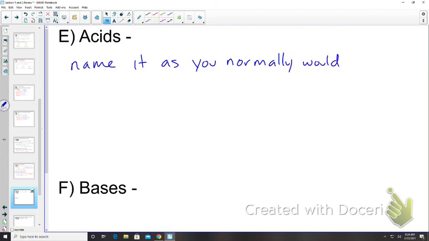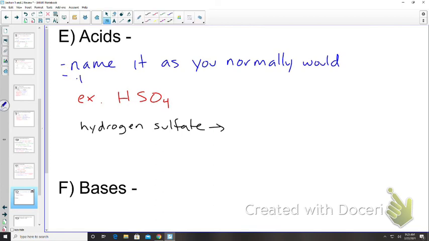So let me give you an example. Let's say we have HSO4. Okay, so this would be hydrogen sulfate. So name it as you normally would, then use the naming acid chart.